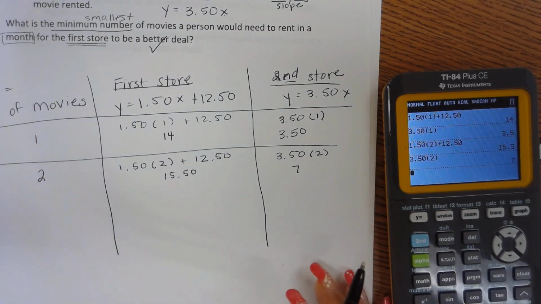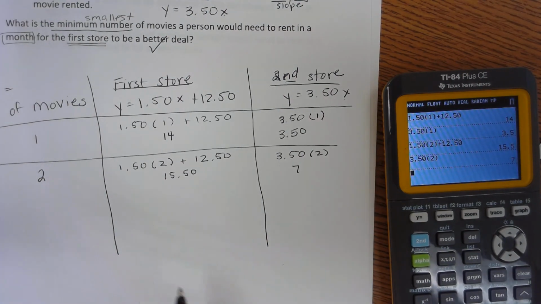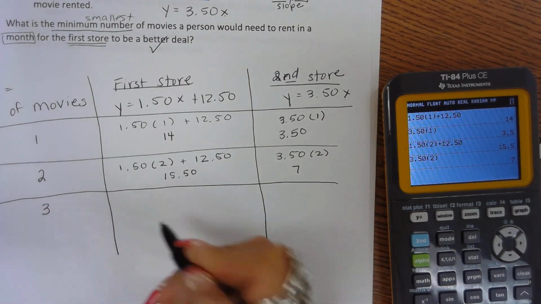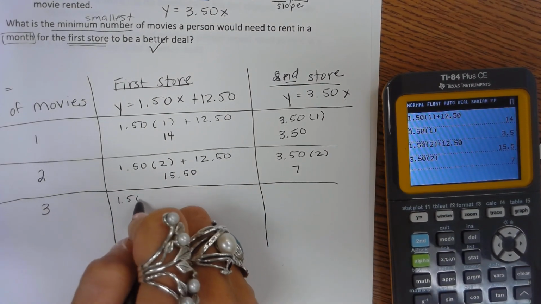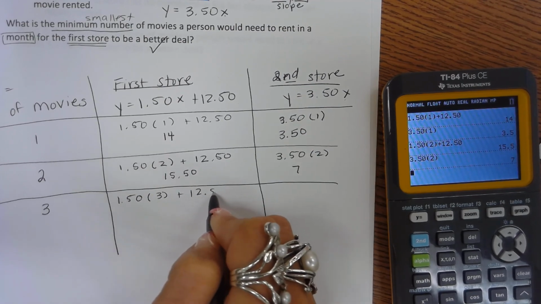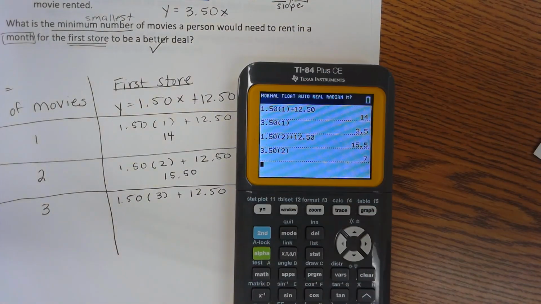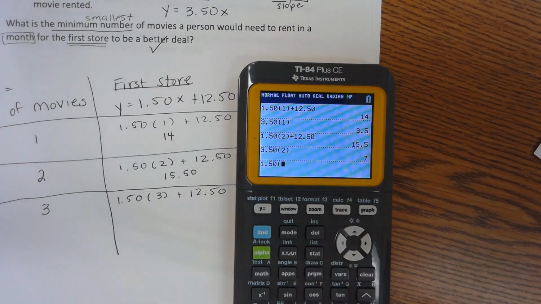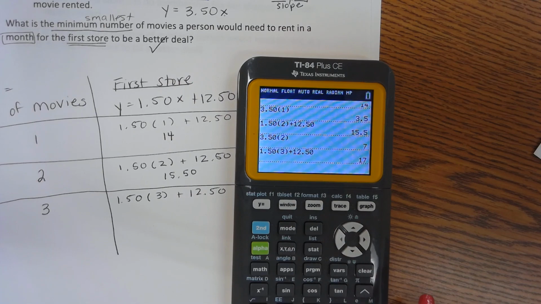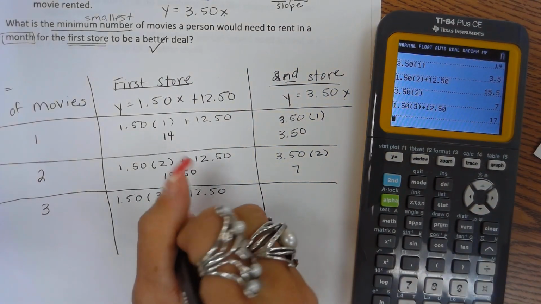No. So let's try again. Three movies. $1.50 times 3 movies plus $12.50 is $17.